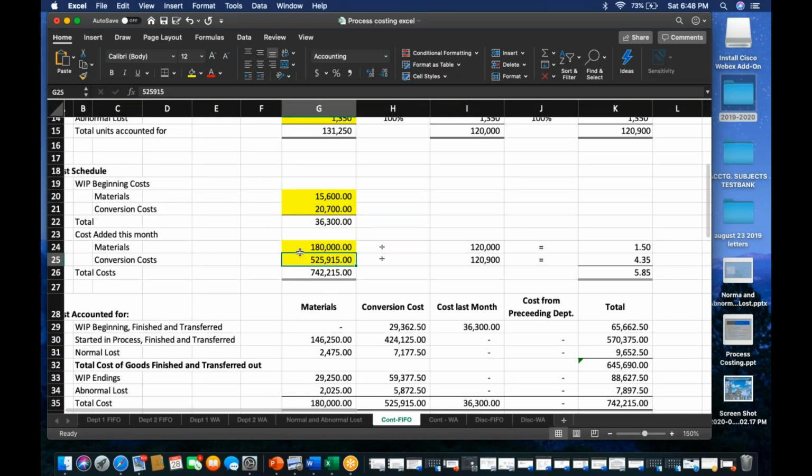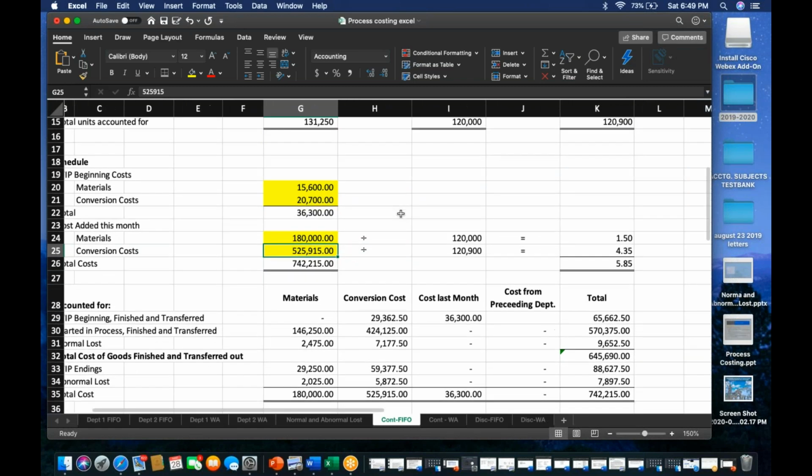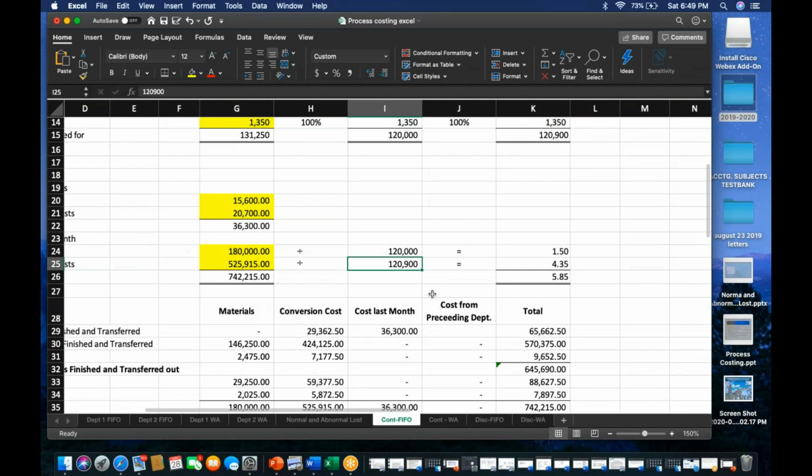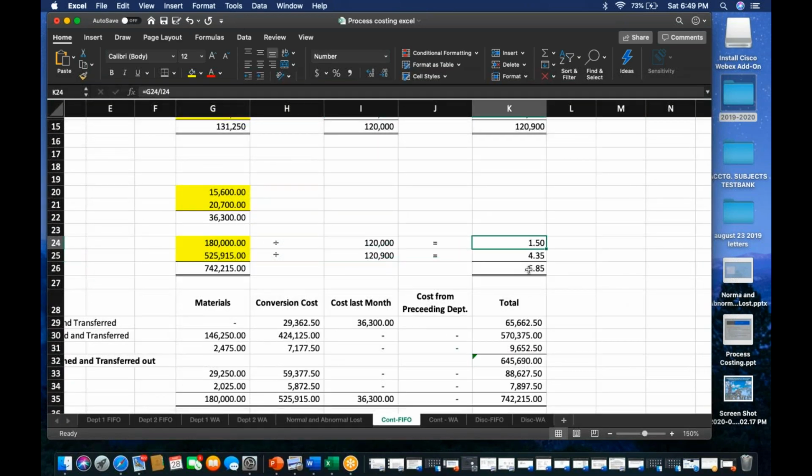Now, yung cost added this month will be divided dun sa computed EUP natin, excluding yung beginning work in process cost. Okay, hindi natin isasama. So ito lang ang i-divide natin, divide sa EUP for materials, and then divide sa EUP for conversion cost. Okay, 150 for materials, 4.35 for conversion cost.